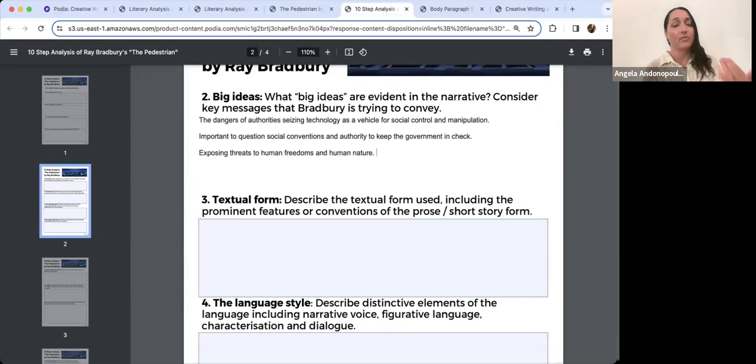So when you're coming to write this paragraph, or there's a creative response for this text as well, think about how he confronts the reader with these quite graphic images. When I was reading it, I was thinking, oh gosh, the amount of time I sit on my laptop, I'm working and I'm doing something meaningful, but he sort of puts us in the lens of observing people absorbed in technology.